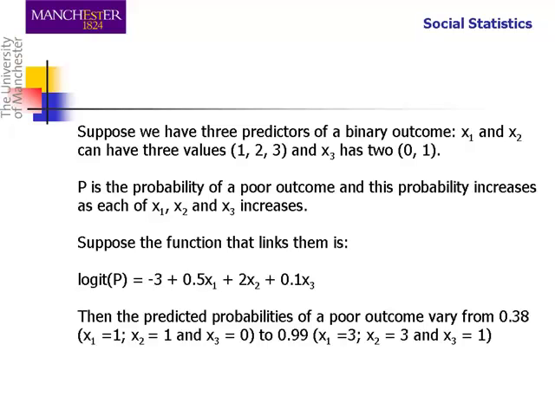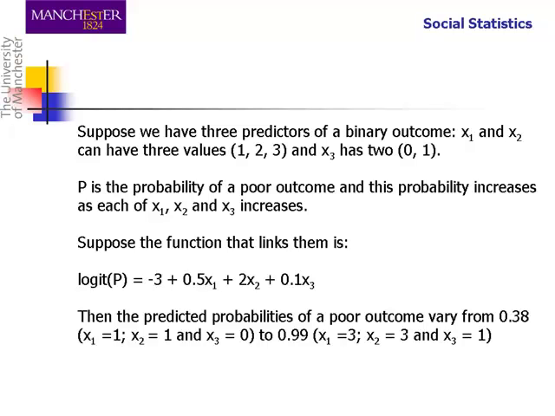And you can do that yourselves. You can just plug in the values into this function, and then you can go from the logit to the probability scale, and that will give you a value of 0.38, or at least I hope it will, unless I've made a mistake in the arithmetic.